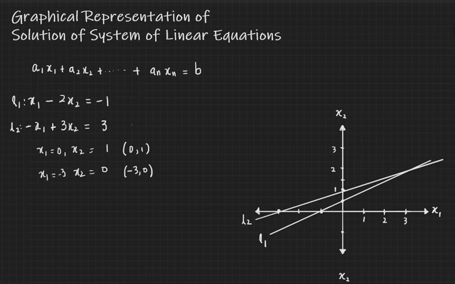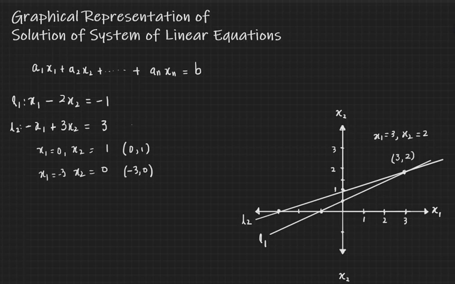One more thing you have to notice is that this point 3, 2, meaning the value of x1 is equal to 3 and the value of x2 is equal to 2, is on the straight line L1 as well as on the straight line L2, and such a point is known as the solution of the system of linear equations. It means that the point where the straight lines cross each other is known as the solution of the system of linear equations.